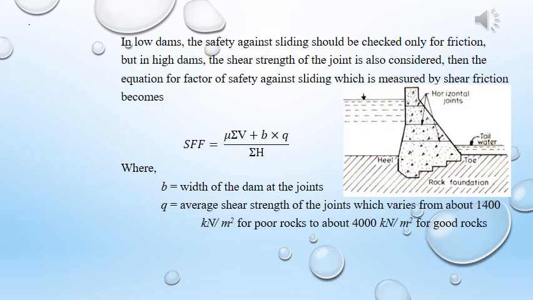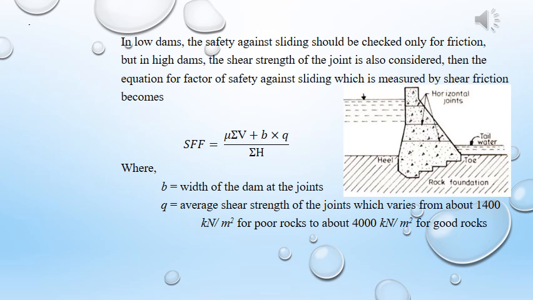In low gravity dams, the safety against sliding should be checked only from the friction. But in high dams, the shear strength of the joint, which is an additional shear resistance, must also be considered.